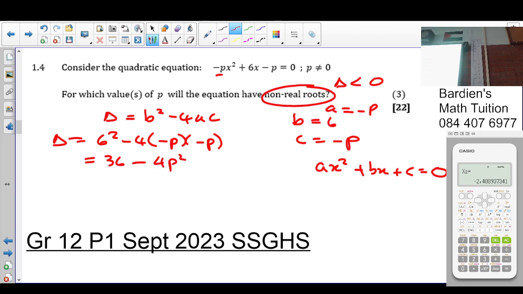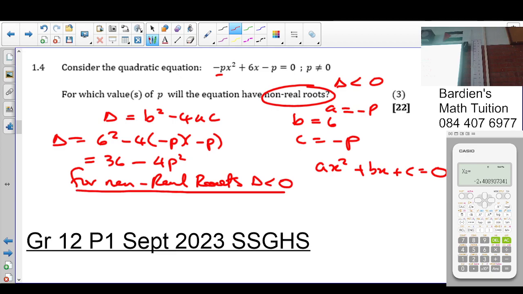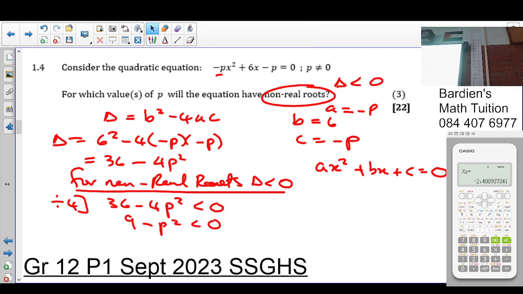And of course, for non-real roots, we say delta is less than 0, which means it's negative. So 36 minus 4p squared must be less than 0, divided by 4. So we get 9 minus p squared is less than 0.